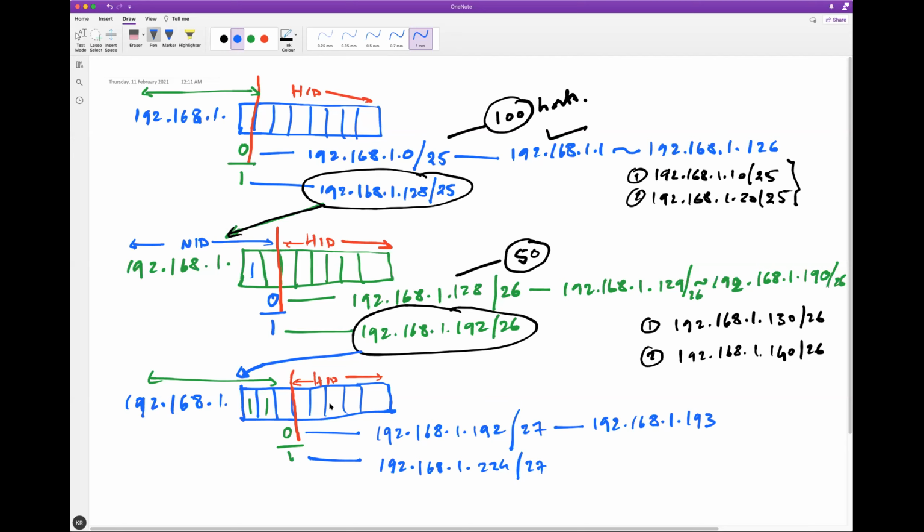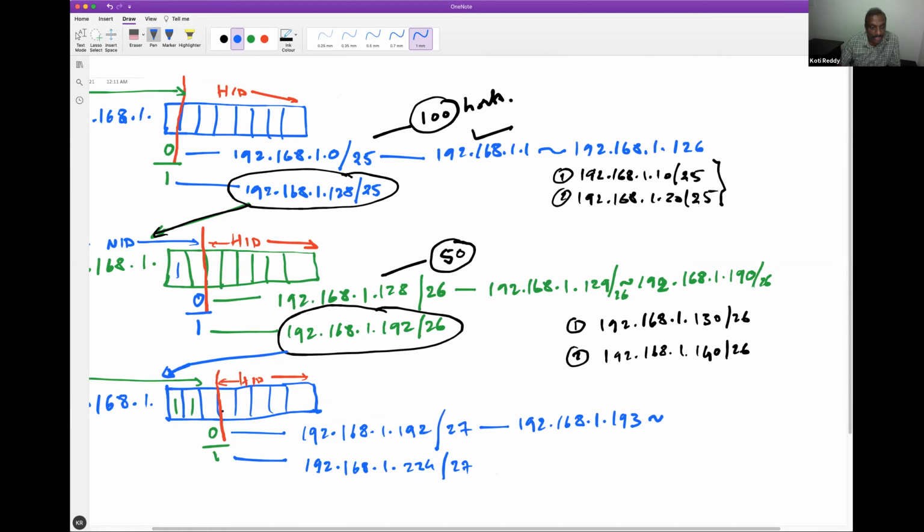Okay. So you get what? If I get 0 here, all zeros, and 1, I get what? What's the last host ID in this? This one being 0, all ones.